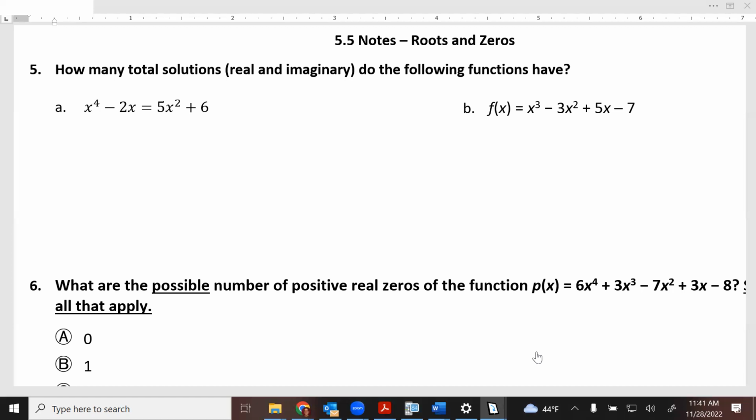What do I get? 0.175. I'm going to add that to the number up above it. So negative 0.149 plus 0.175.